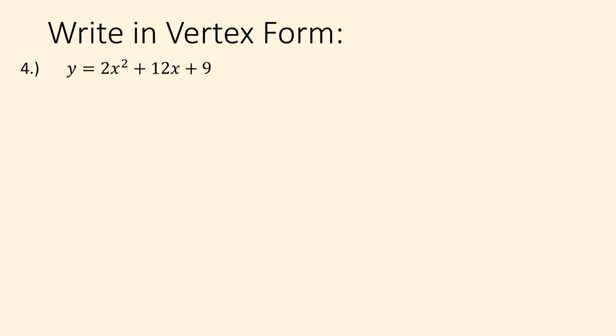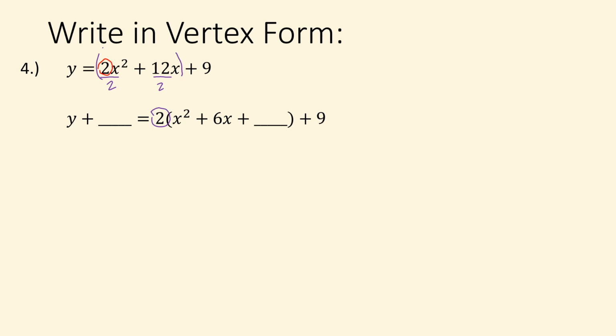If we have a coefficient on that x squared, same idea as we did in those first two problems. So we're going to separate out that plus 9 at the end by lumping together the 2x squared plus 12x, and those are both divisible by 2. So we're going to take a 2 out and move it in front of the parentheses. So we have the 2 out front. Okay, x squared plus 6x was left over, plus something to complete the square.